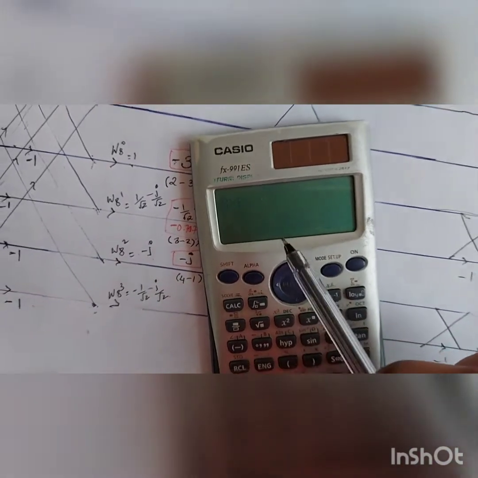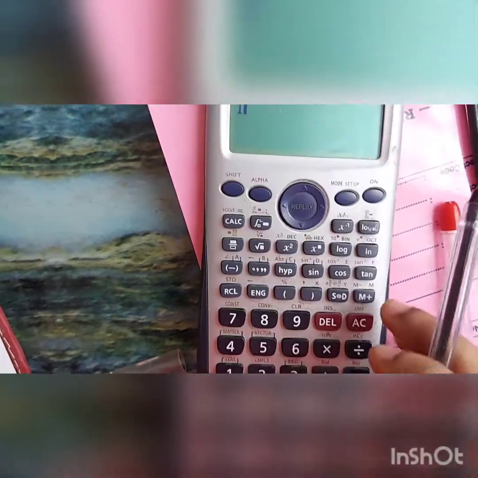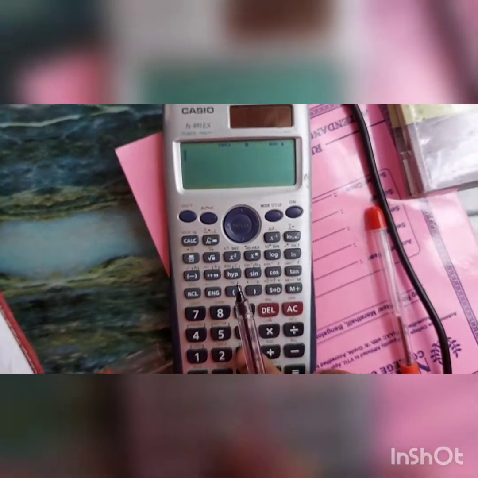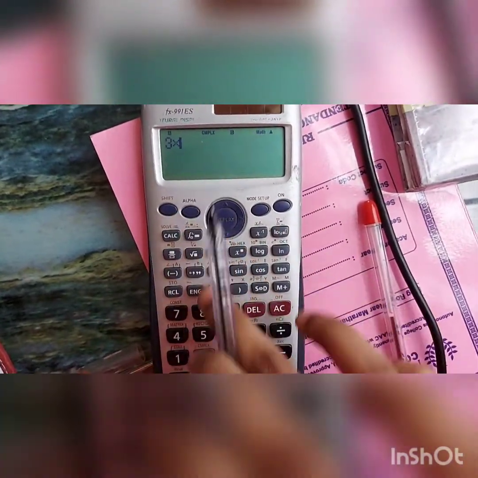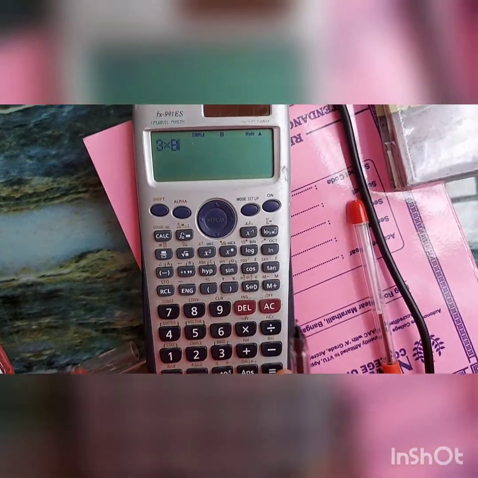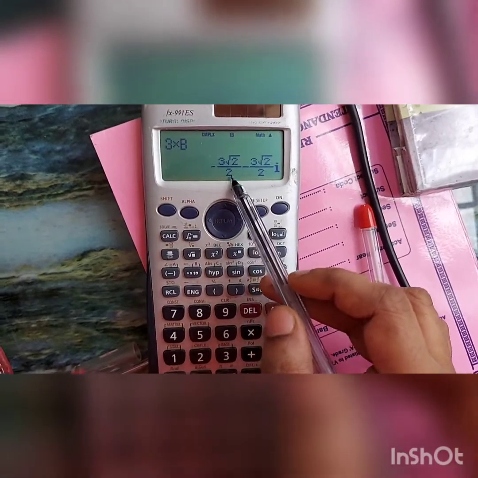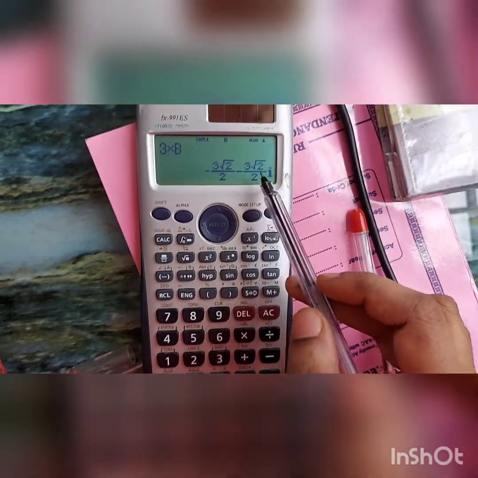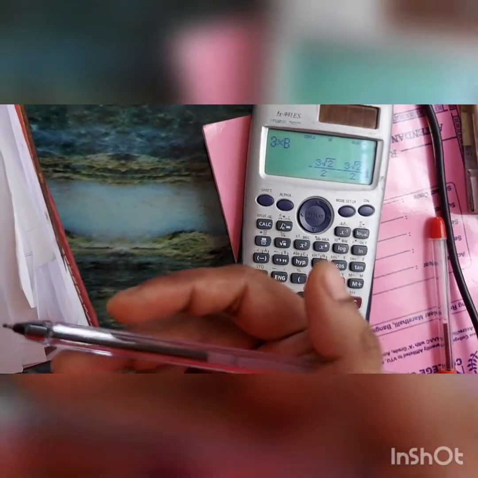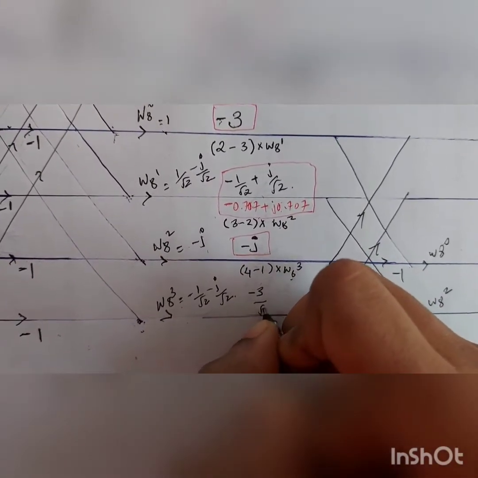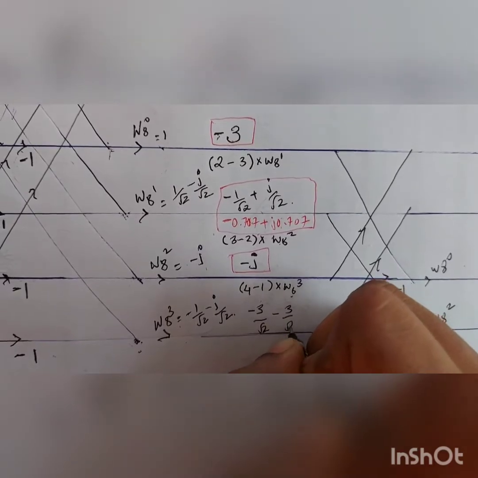I had stored it in the value B. Hope you can see. So 3 into alpha B. This is the value. You can write it as minus 3 by root 2 minus 3 by root 2 j.